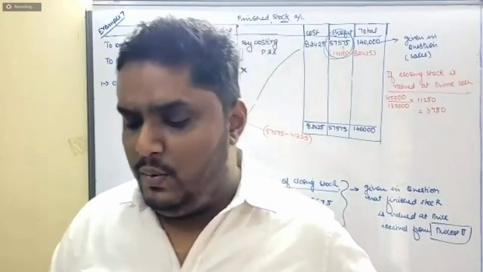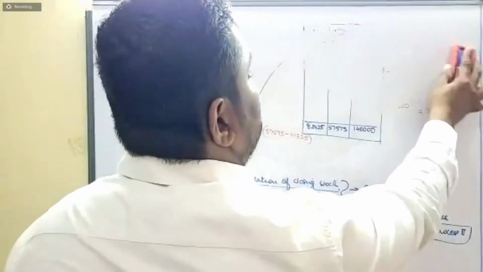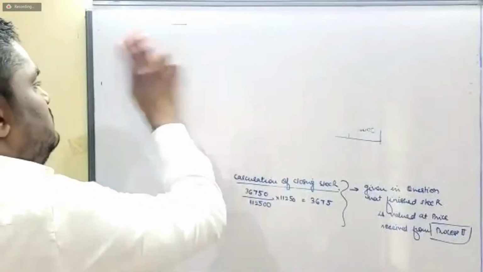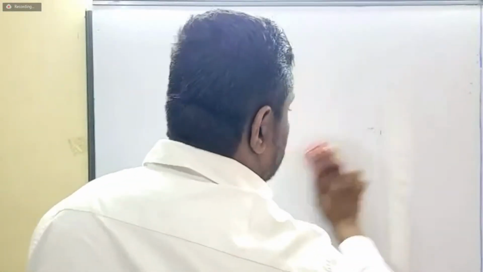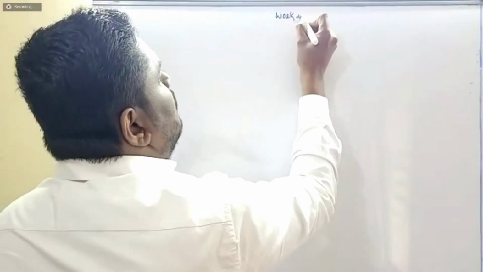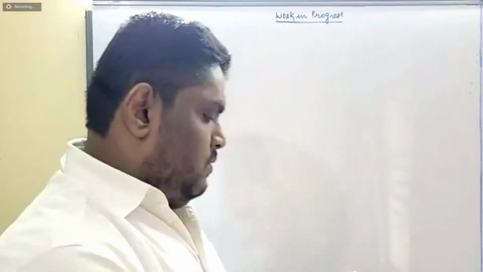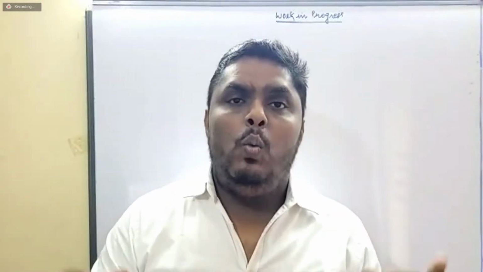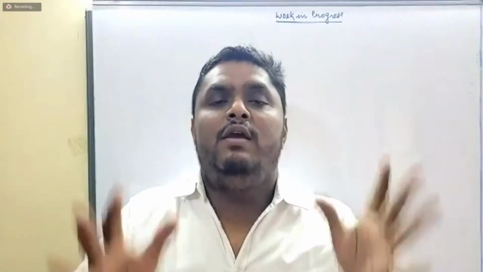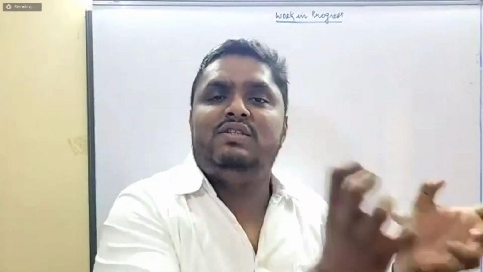So now let's start, guys, with work in progress. Till now, what we have discussed is that we input into a process, we record all the necessary expenditures, and whatever output we are getting is transferred to the next process.